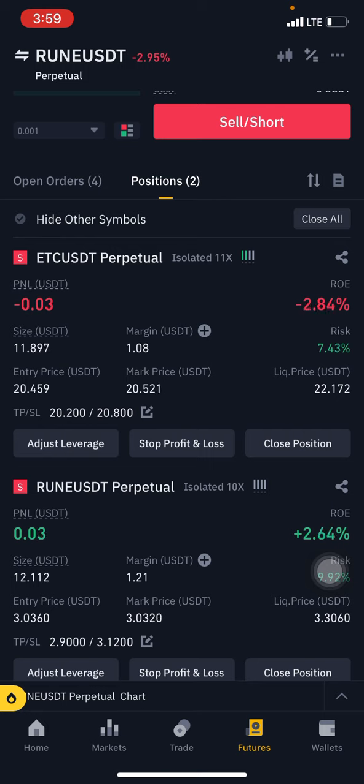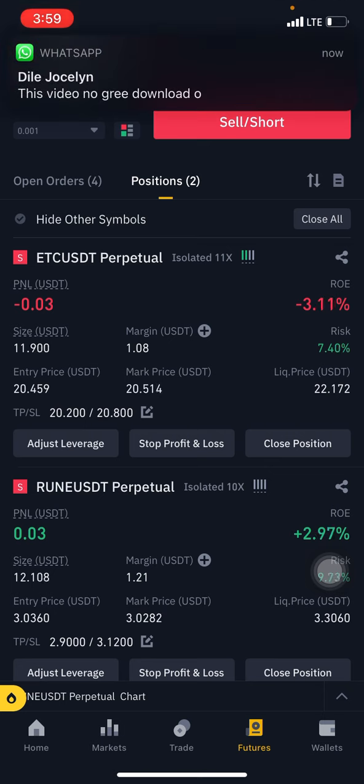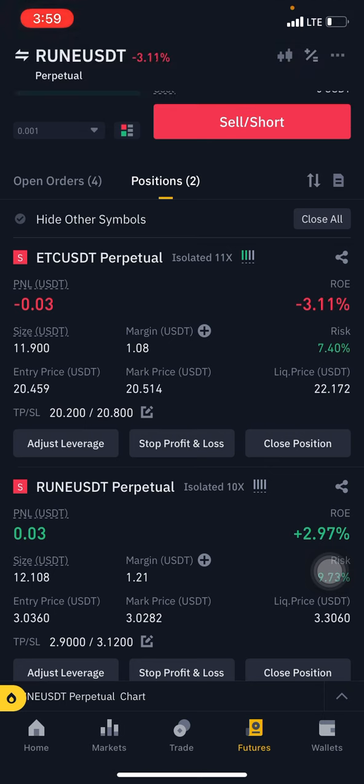Now sometimes what I normally do is that if I see the percentage is getting too much, I'll bring down my take profit. If I'm shorting the market, I'll bring down my take profit to my normal entry price. Let's say my entry price is 20.459, and the market is doing what it's doing.